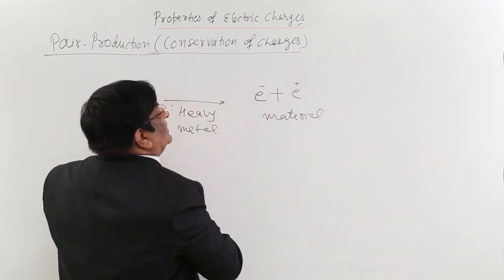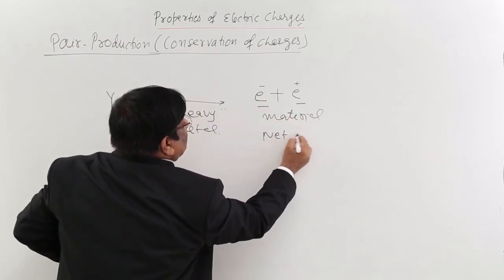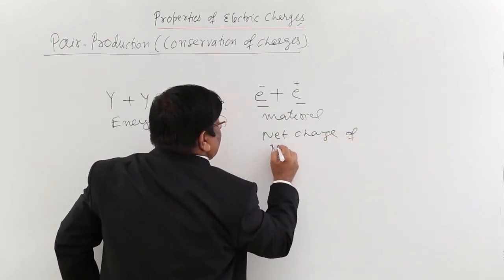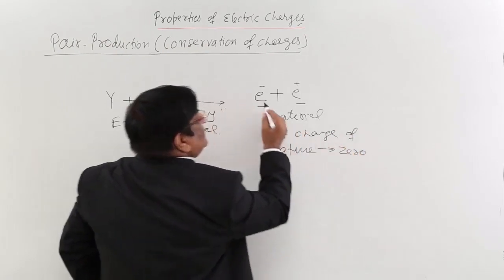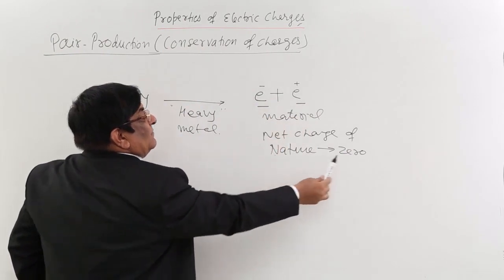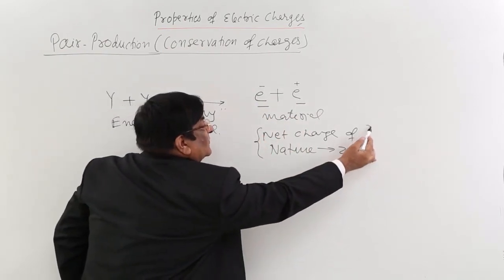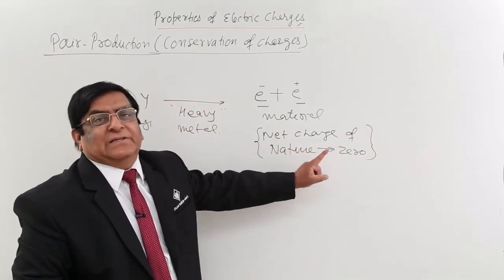Whenever there is a production, the production will be of 2, and net charge of nature again remains 0, because yes, minus will increase by 1, plus will increase by 1, net will be again 0. So this has become our law of conservation, that net charge of this nature will always remain 0.